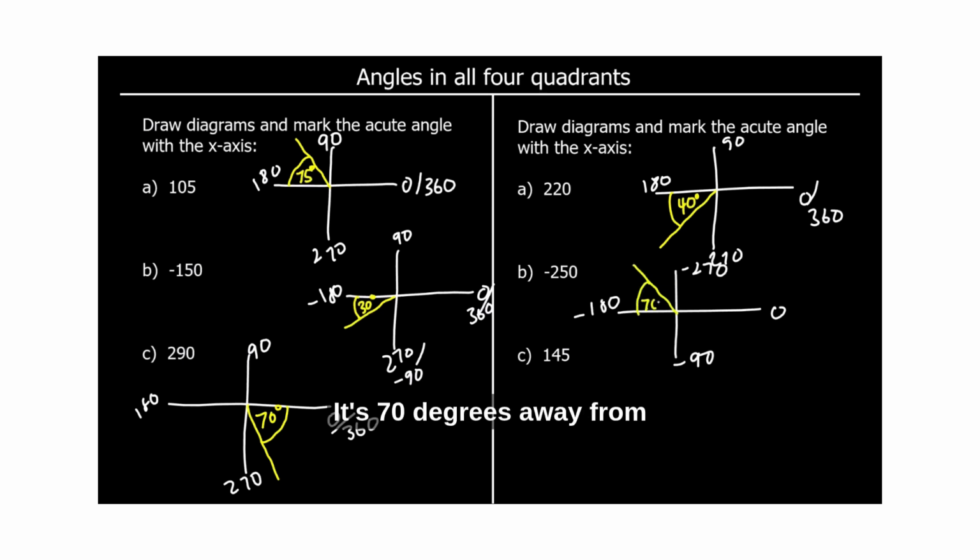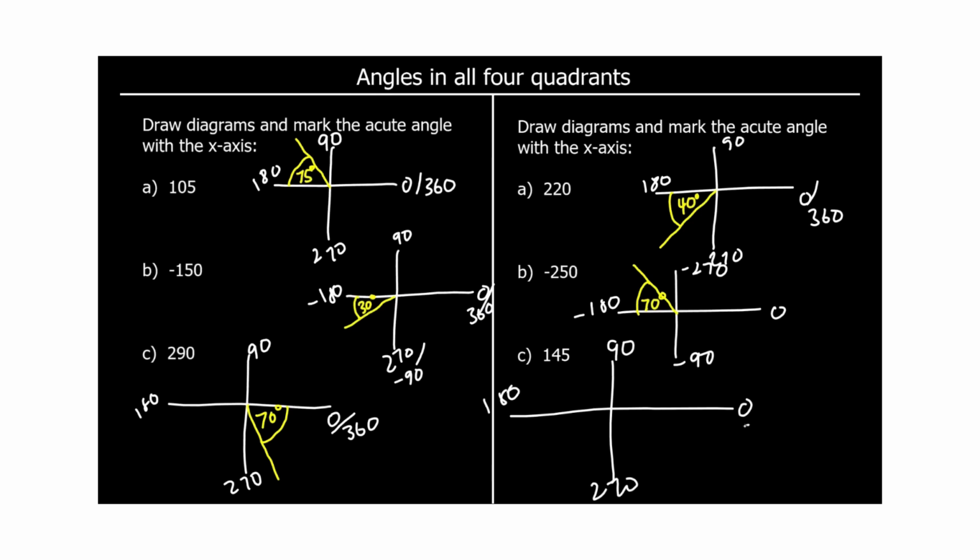It's 70 degrees away from the x-axis. The acute angle with the x-axis is 70 degrees. And 145, that's between 90 and 180, and it is 35 degrees away from the x-axis, 35 degrees from the 180.